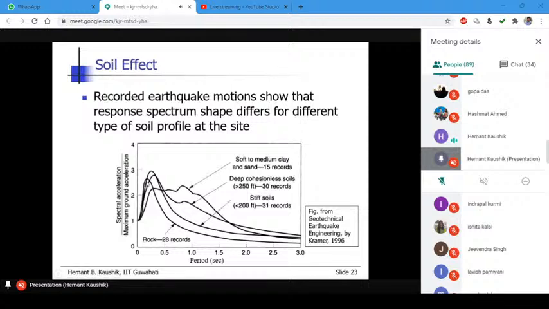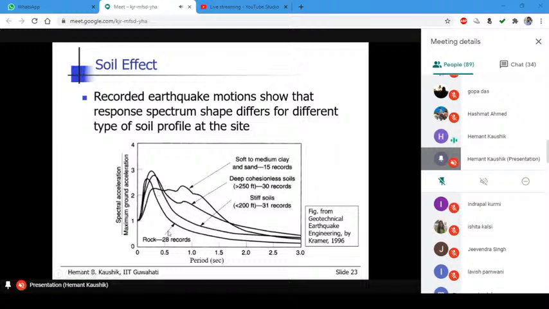And if you remember the first lecture where I discussed the performance of structures during past earthquakes, we discussed something called the ridge effect. The structures located on the top of the hill vibrate more during earthquakes. So that is called ridge top effect. And this is actually reflected here. If you have rocky strata and low natural period of vibration, you have higher response.